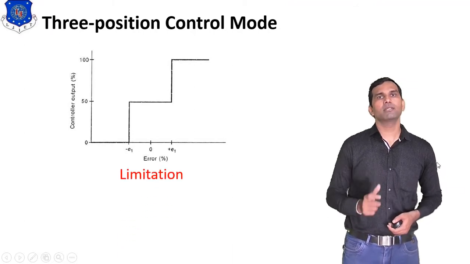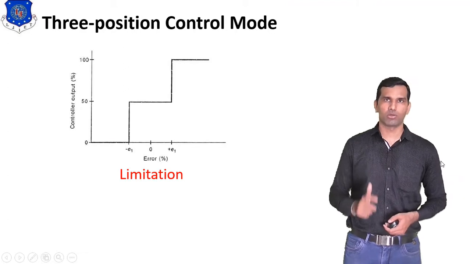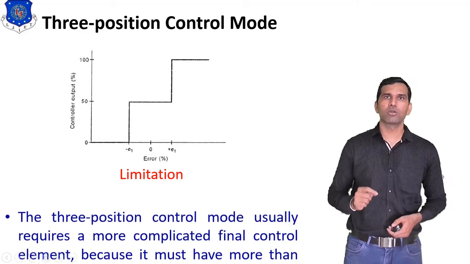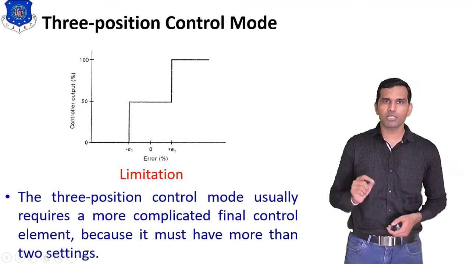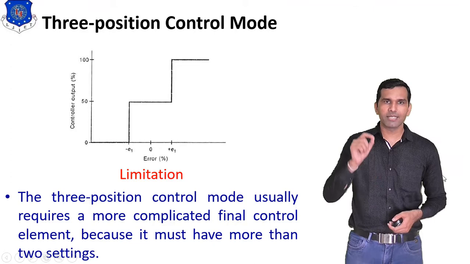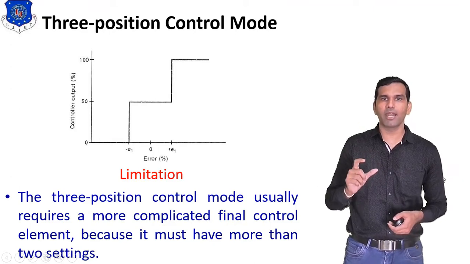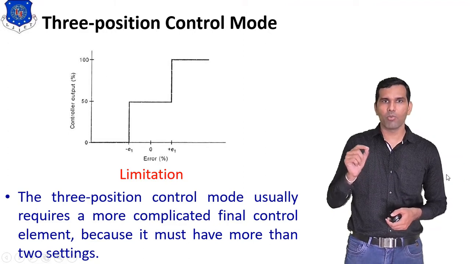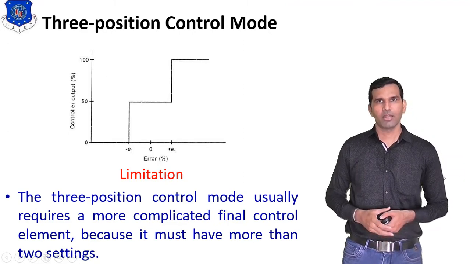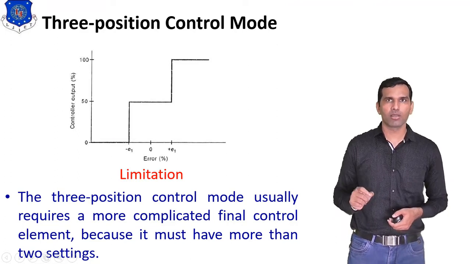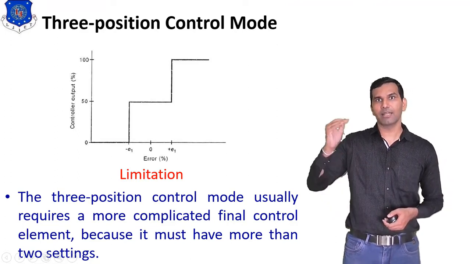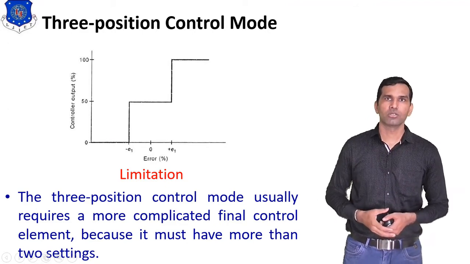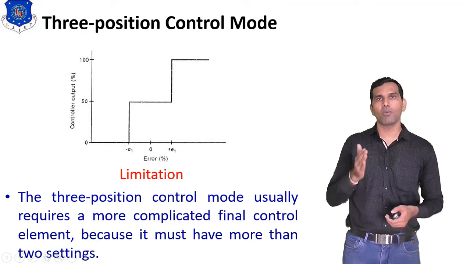Now there are some limitations of this control mode. The first limitation is that the 3-position control mode usually requires a more complicated final control element, because it must have more than 2 settings. That means in this control mode, complexity is increased because we increase the number of modes.